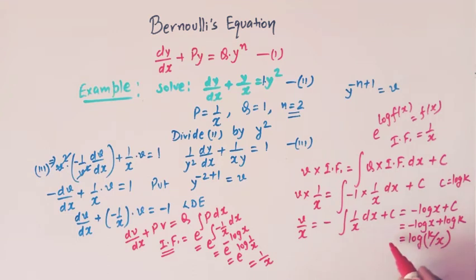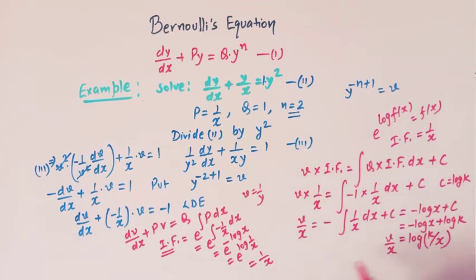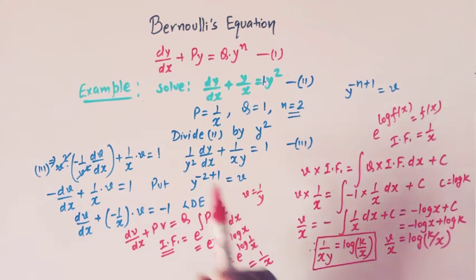So now we have v over x is equal to log of k over x, where k is a constant. Now v can be written as 1 over y. So we have 1 over xy is equal to log of k over x. So this is the required solution of this differential equation.